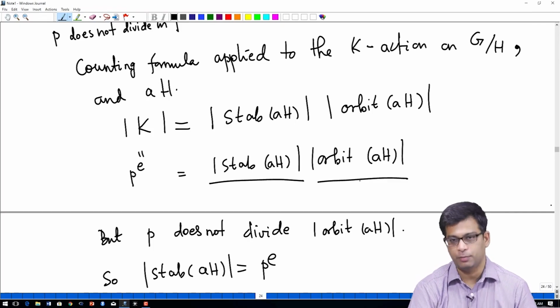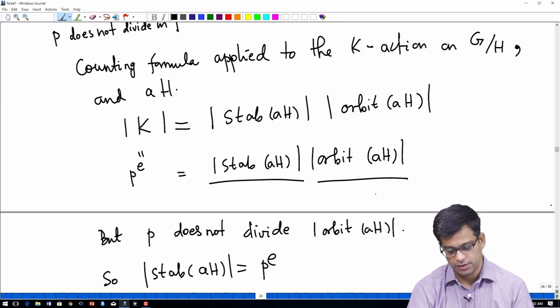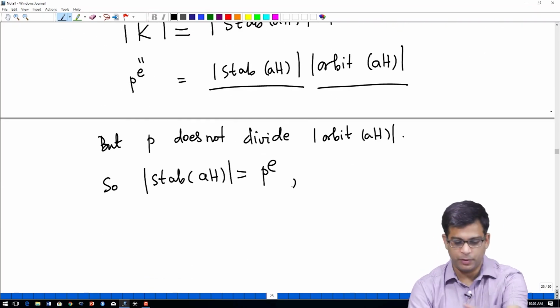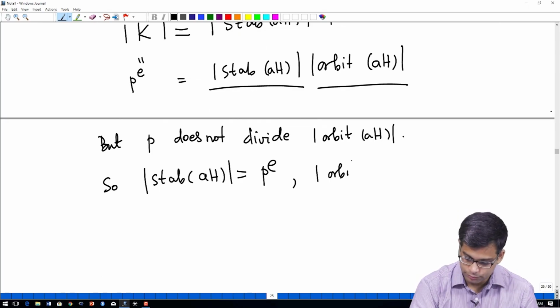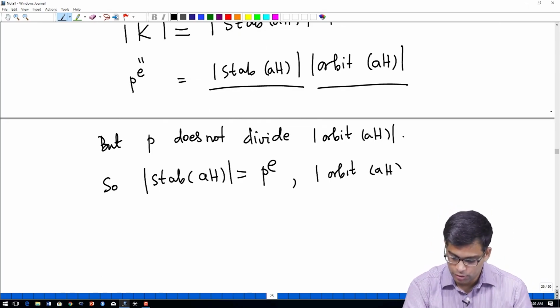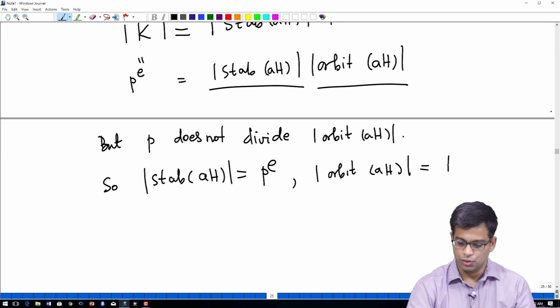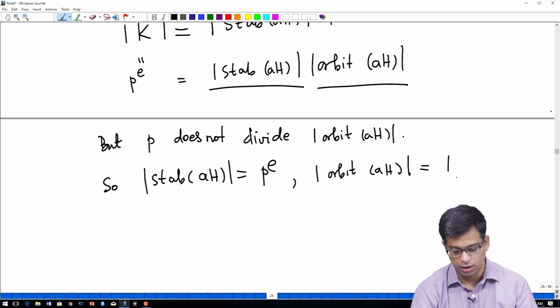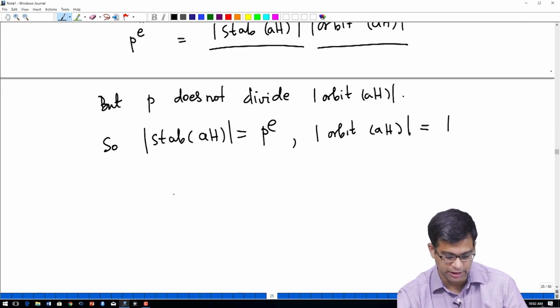The second number cannot be divisible by p, and it of course cannot have any other prime factors because p is the only prime factor on the left hand side. So, that means all of p^e must be present in the order of the stabilizer of aH. So, the order of the orbit of aH is 1, and the order of the stabilizer of aH is p^e.